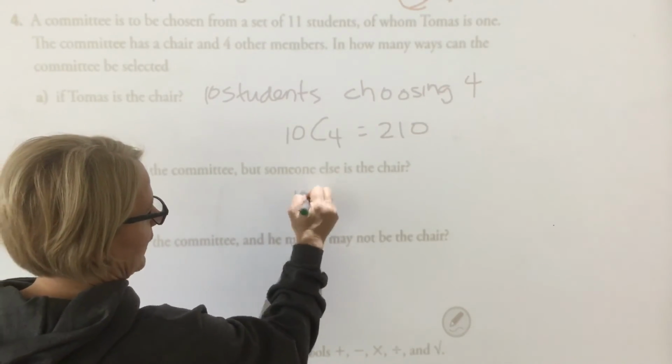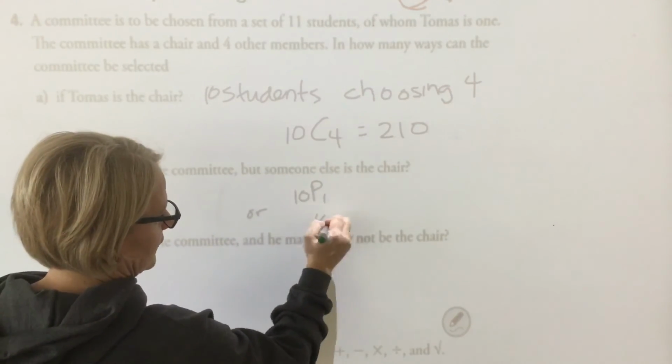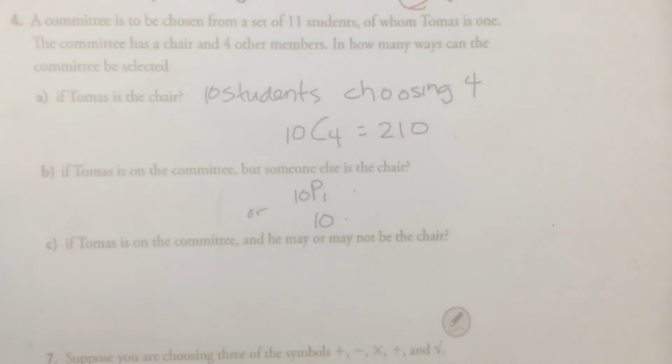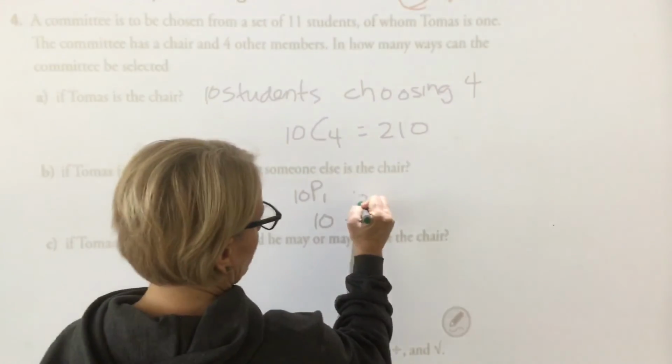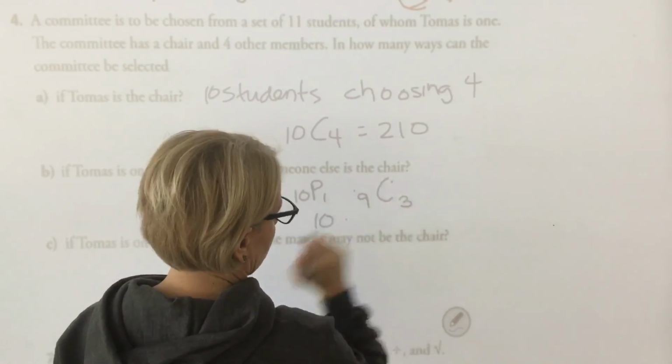So you can either do 10P1, or we could just say 10. And then Thomas is on the committee. So we're not going to consider him as well. Someone else is the chair. We've chosen that person. So now take Thomas out. You take that person that's the chair out. We have 9 people left, and we need to put 4 more people on this committee. Actually, 3 more. So the next part would be 9C3.